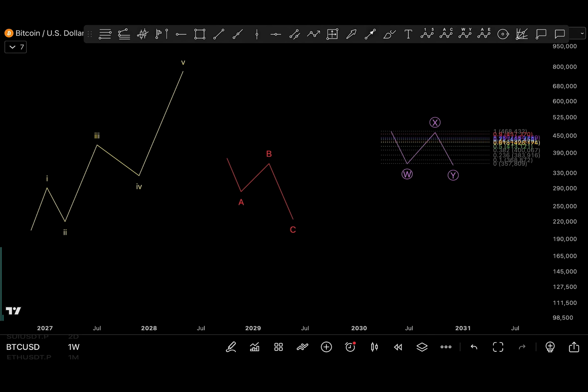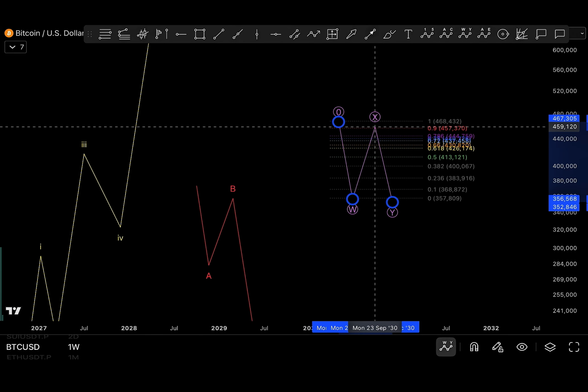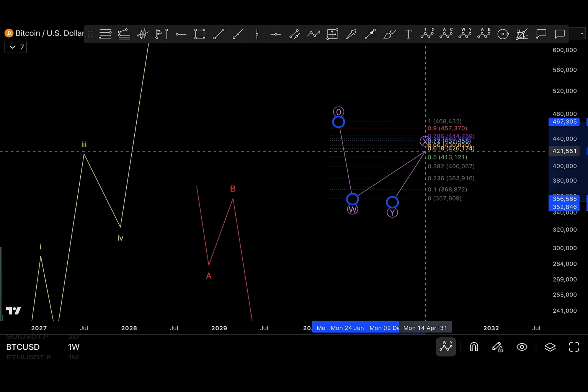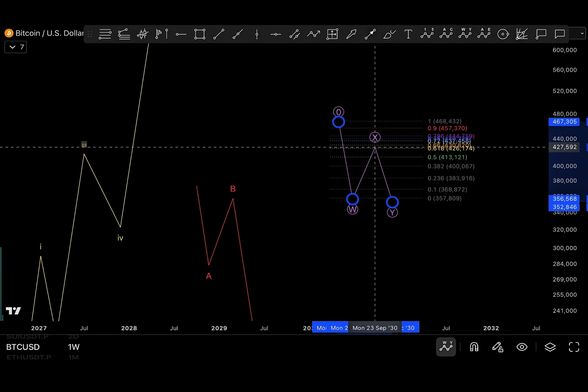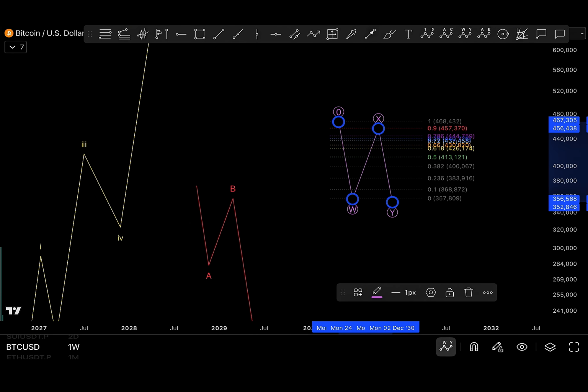So you see this WXY can retrace until 0.9 here. It can also come up to 0.618 around this golden pocket and then go down. But preferred is 0.9, because X can retrace pretty deep since it's a sideways chop. And then Y can come up to 1 to 1, which we have already checked.